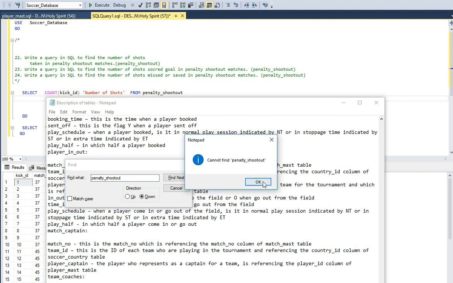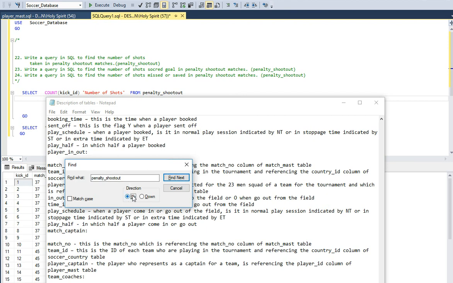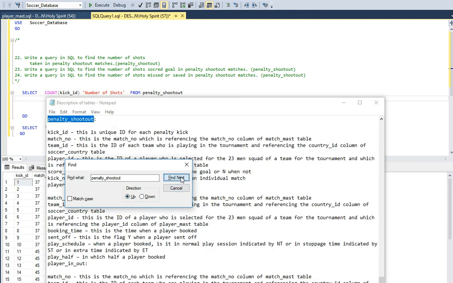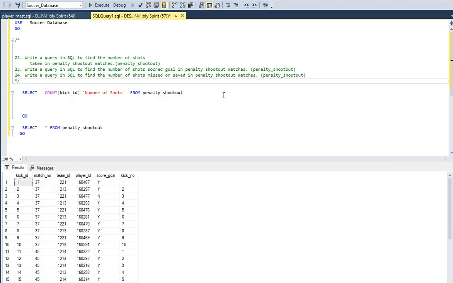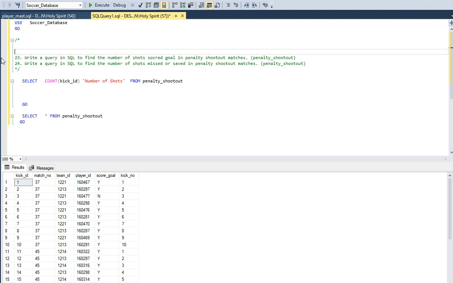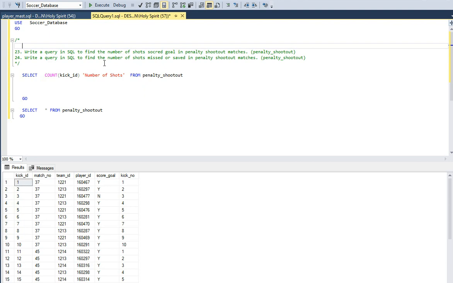It's not showing. Okay, it's here. Anyway, this is the thing. There is no condition anyway. Cool.